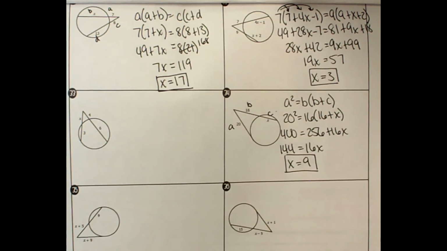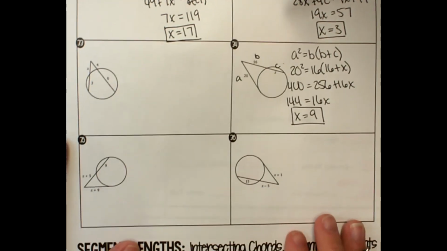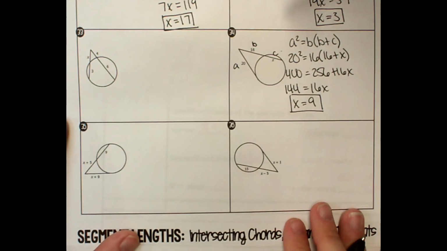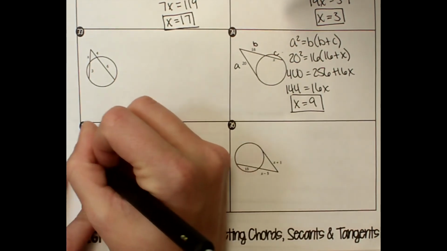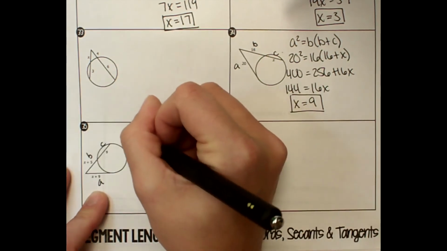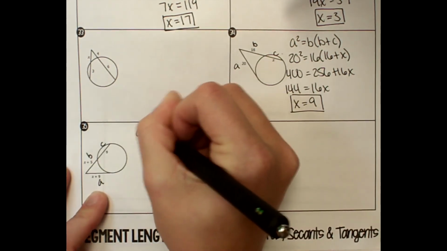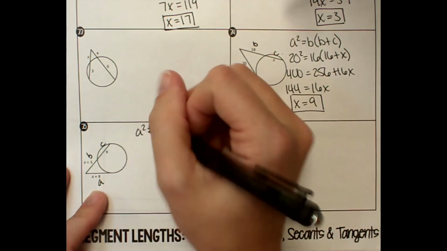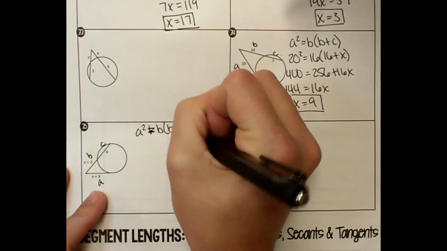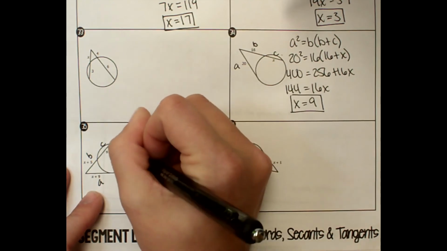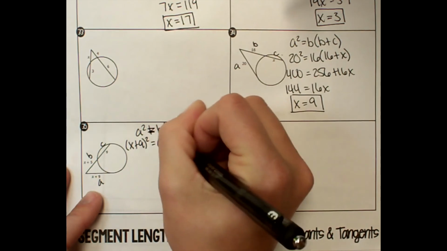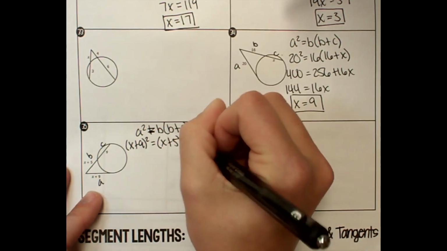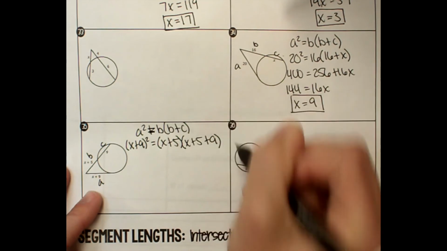I'll do one more. Let's just go with number 35. This would be your A, the B, and the C. Remember, it's A squared is equal to B times B plus C. If we start writing it in, remember it's a binomial, so it needs to go in parentheses, is equal to x plus 5 times x plus 5 plus 9.